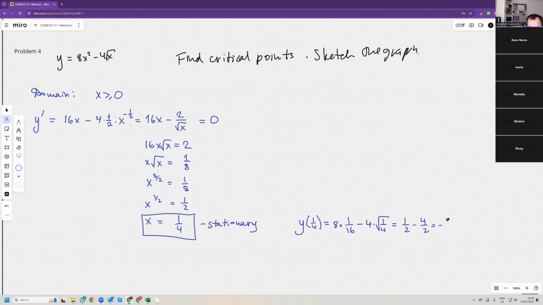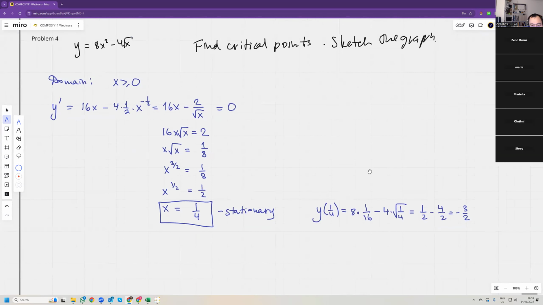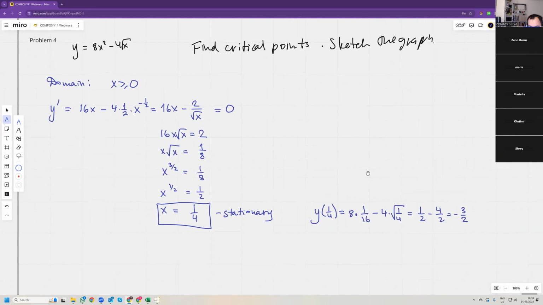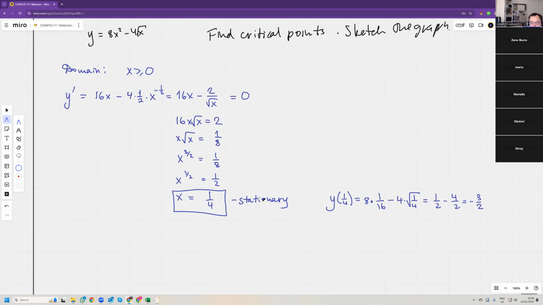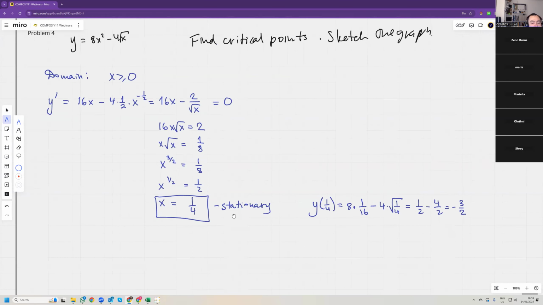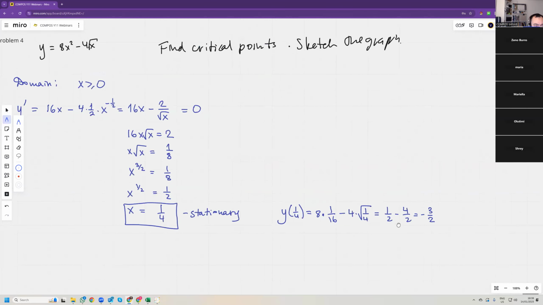So that's minus 3 over 2. So I suspect that this would be a minimum point. Okay. Now, a stationary point is either a maximum or a minimum or a point of inflection, of course. I found the y coordinate.